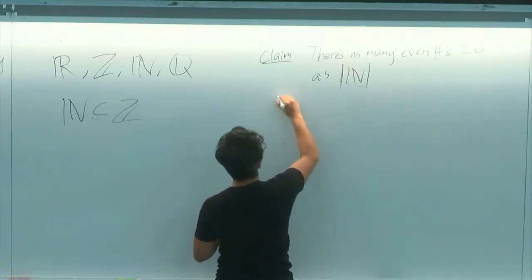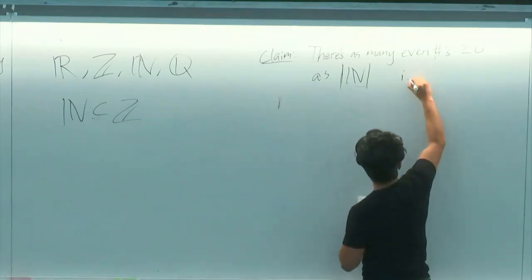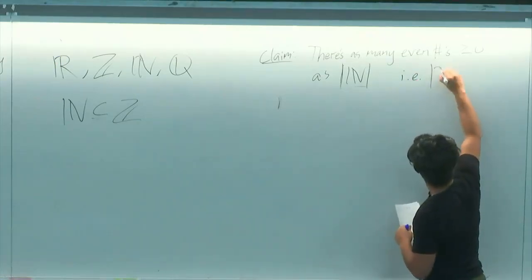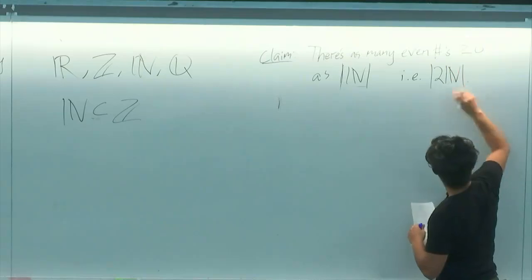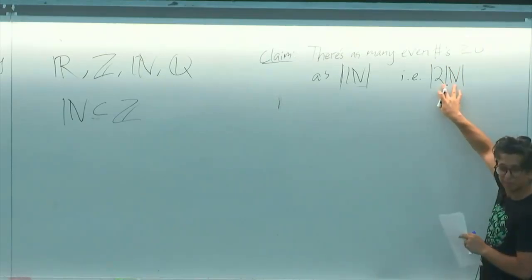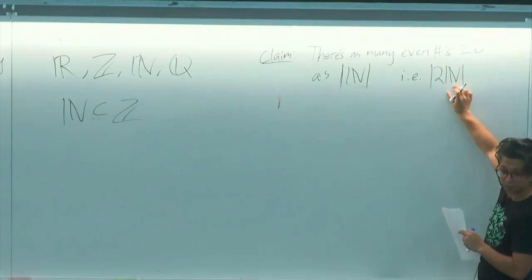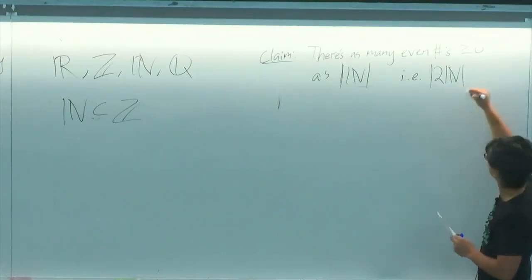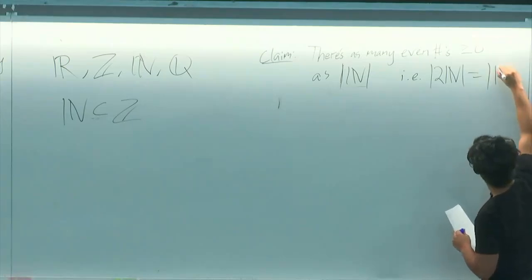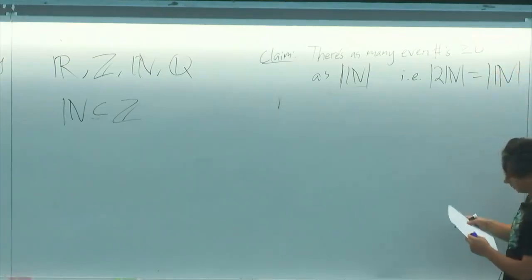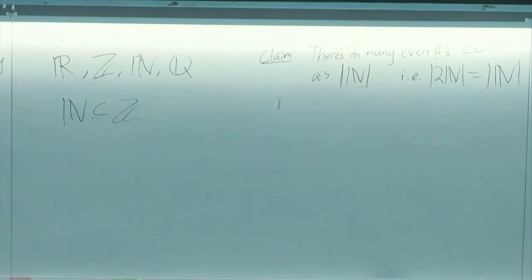One way to say that is that 2 times n, this is the even numbers, the set of all even positive numbers, has size equal to the size of n.